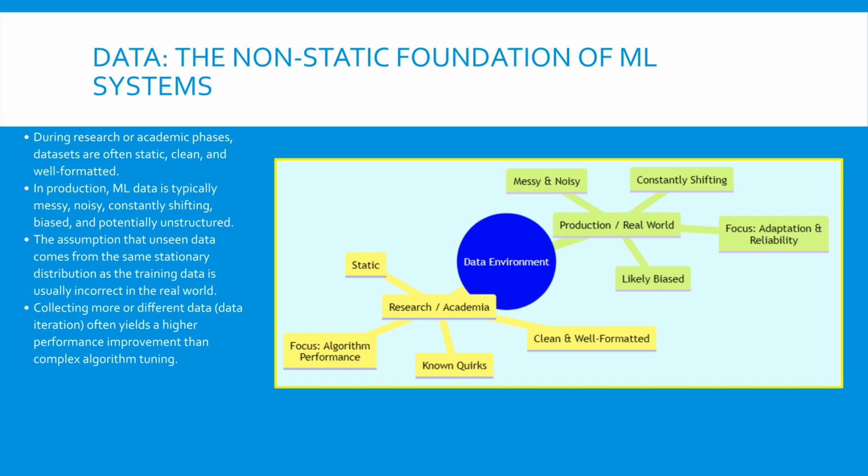Furthermore, production data tends to be messy, noisy, and inherently biased, presenting significant engineering challenges that overshadow simple algorithmic performance. The real-world focus shifts towards building models that are adaptable and reliable enough to handle these continuous, unpredictable changes in the input data streams. This fundamental difference underscores why managing data effectively is central to maintaining and evolving production ML systems.